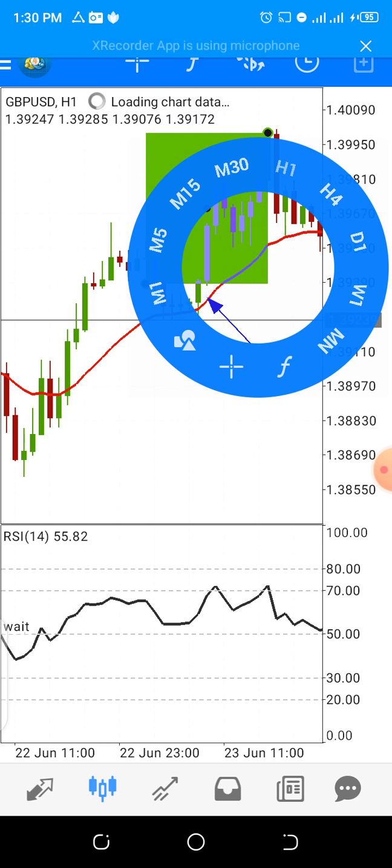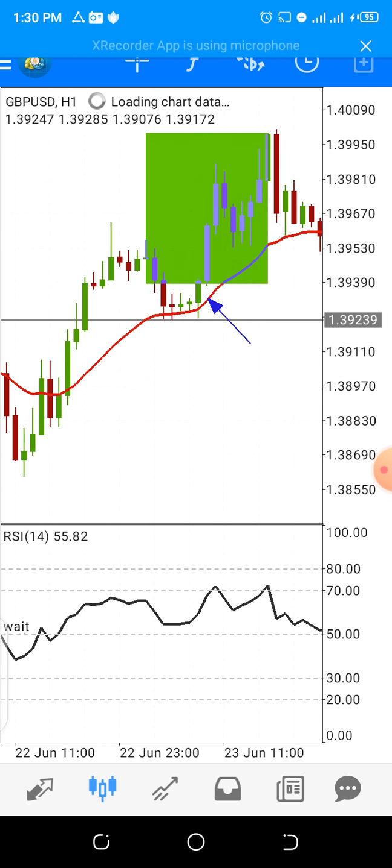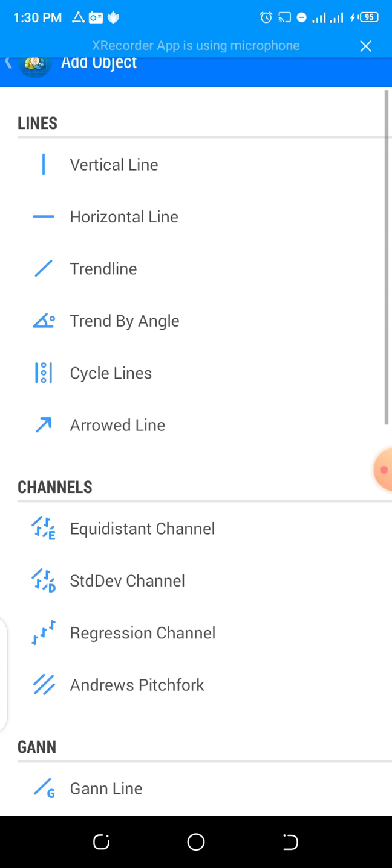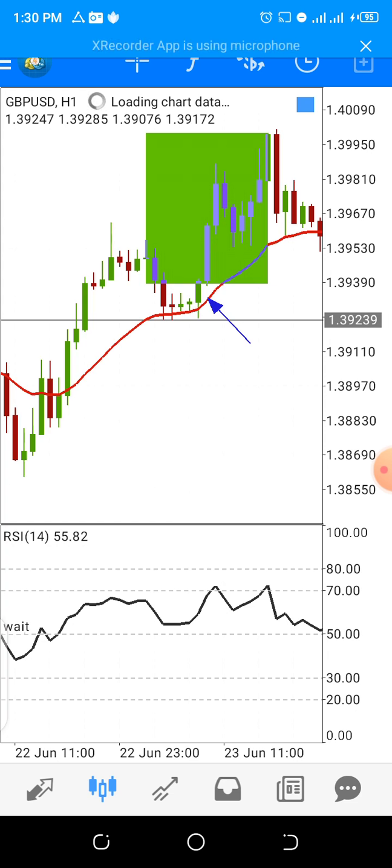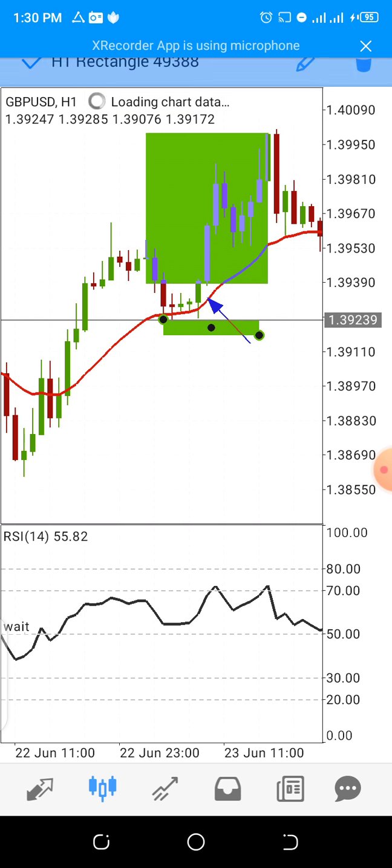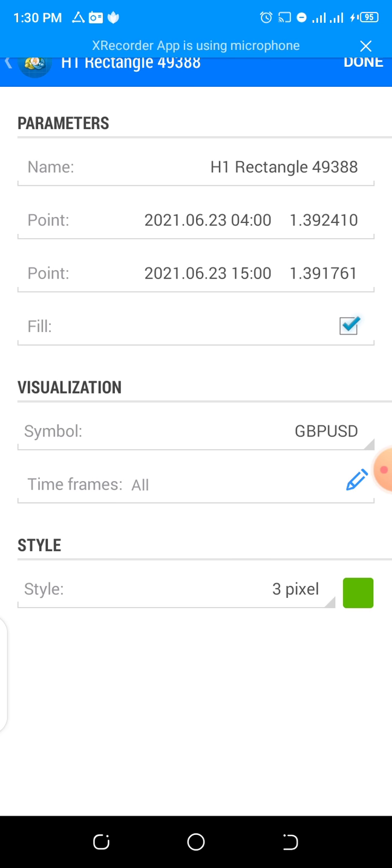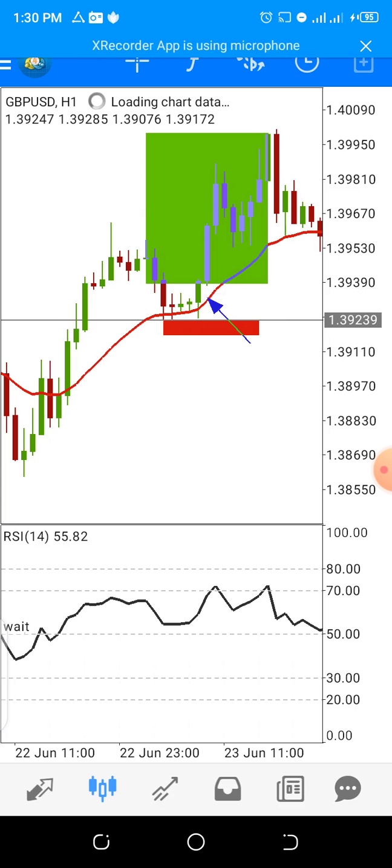If that is your take profit zone, this then will have to be your stop loss zone. Please, it's super easy.